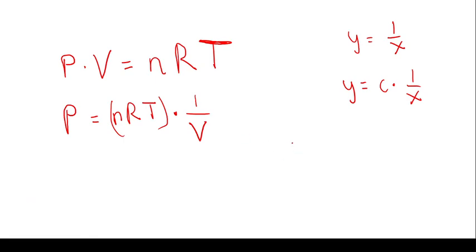So we fit an equation that looks something like this: y equals mx, where this is a linear equation where m is the slope. And so what our slope represents here is all of this stuff, nRT. So our slope should be equal to the number of moles times the universal gas constant times the temperature.